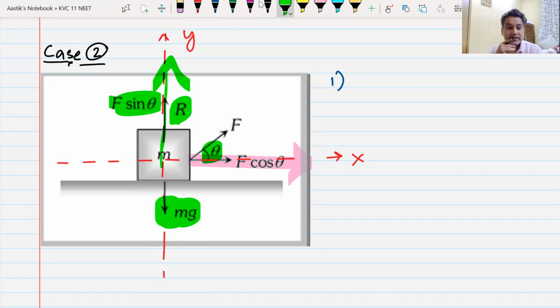It does not move along the vertical axis. I am waiting, beta. No one knows the equation? Please try. It does not move along the y-axis. What will be the equation on the y-axis?